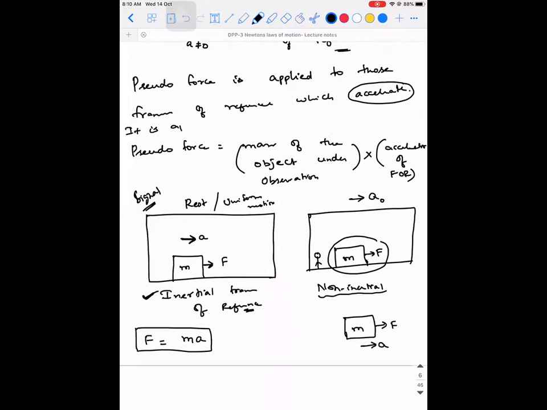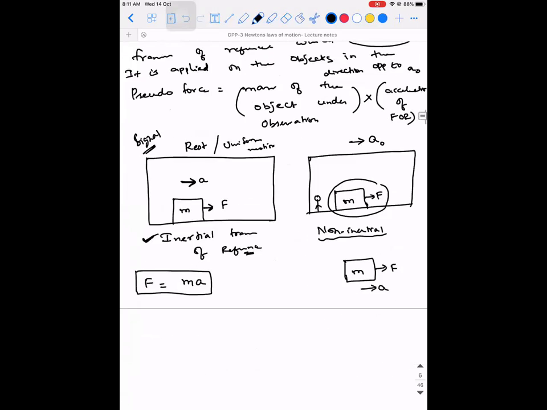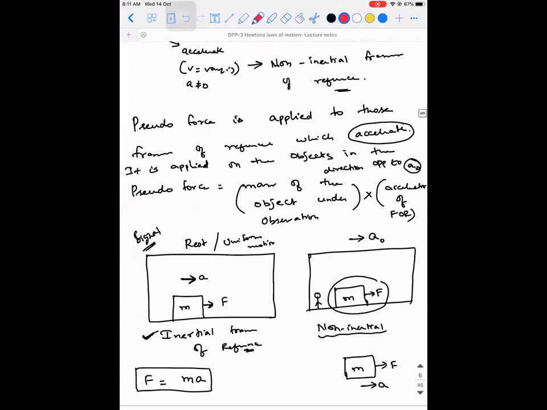It is applied on the objects in the direction opposite to A naught. Here A naught is the acceleration of the frame itself. This is a very, very important point. Write it down. It is applied on the objects in the direction opposite to A naught.